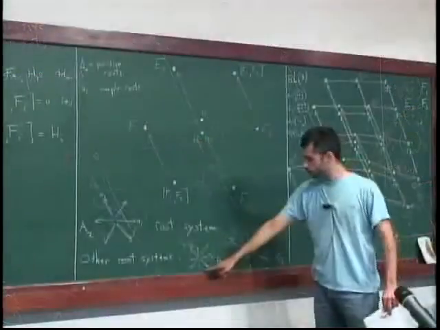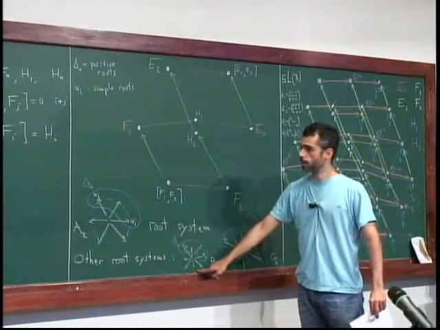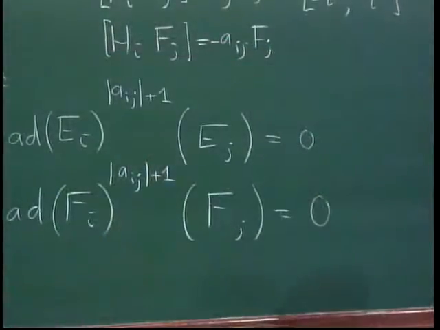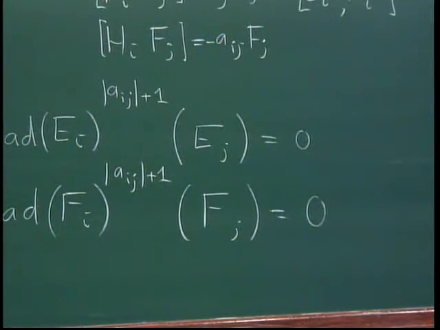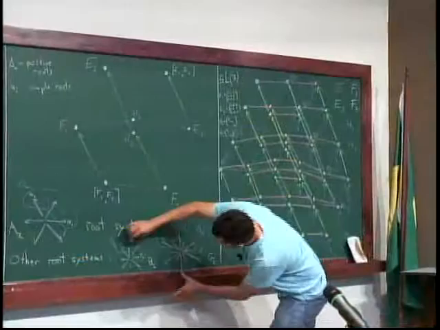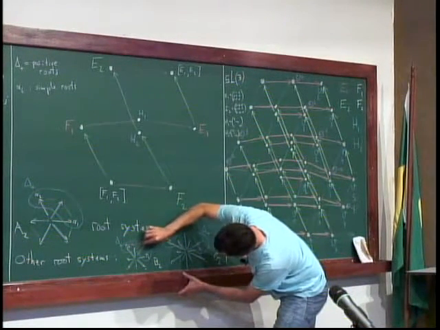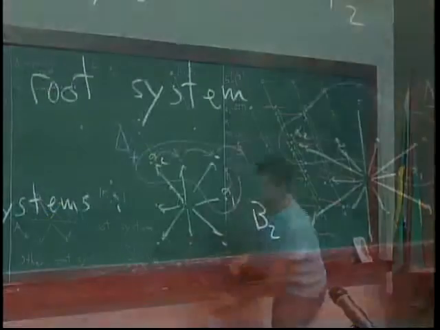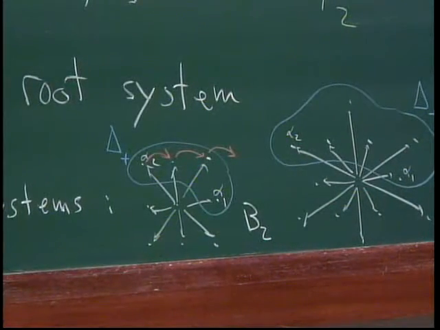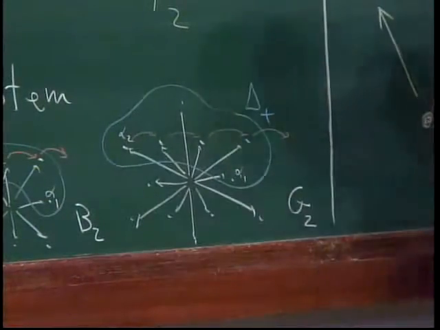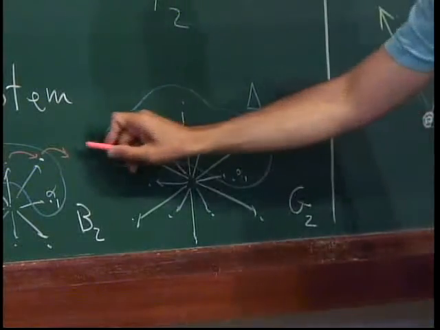If you're in type B2, then Aij is going to be equal to 2. And, well, you have a little bit more room before you die. You first move once from here to there, and then another time, and it's only the third time that you're going to go to 0. And here you have once more: 1, 2, 3, and it's the fourth time that you land on 0.